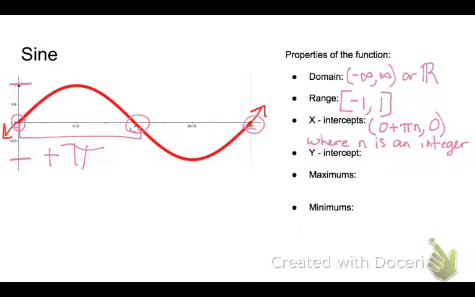Just like with the cosine function, there's only one y-intercept. For the sine function, however, that y-intercept is (0, 0), or the origin.